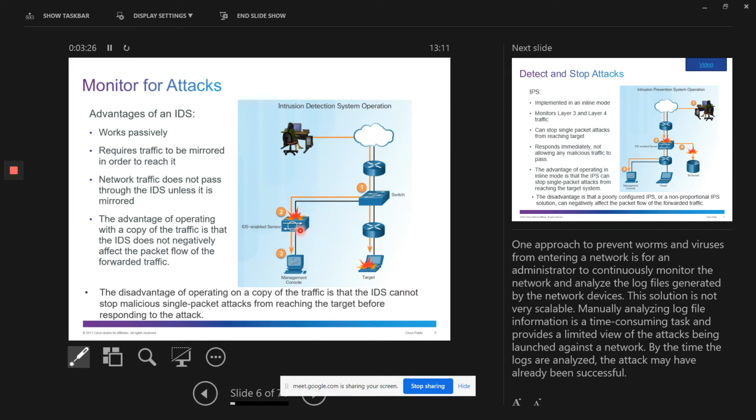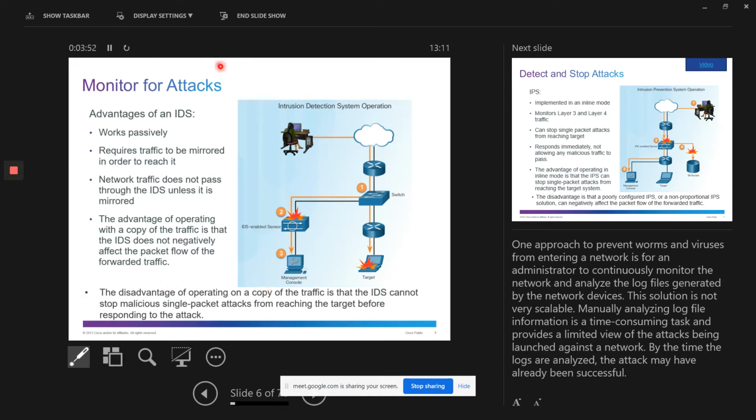What the IDS system does is get a copy of the internet traffic from the switch. It analyzes it, it has a sensor built in, and it analyzes that traffic to see if there are any viruses, worms, or some malicious traffic entering the network.